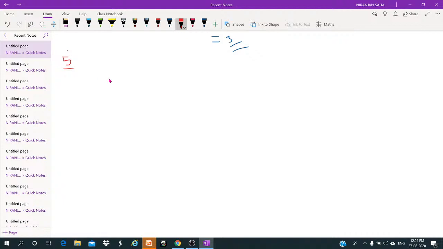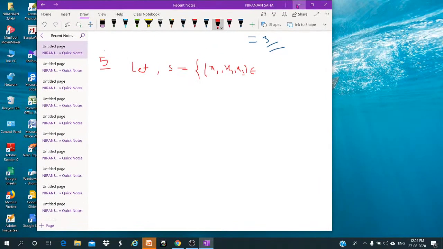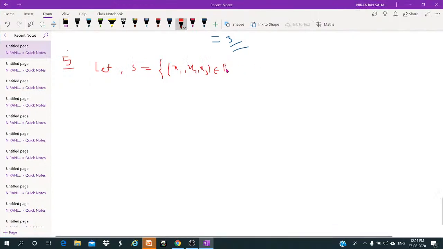Given that, let S is equal to x1, x2, x3 belongs to R3 such that x1 plus x2 plus x3 is equal to 0.